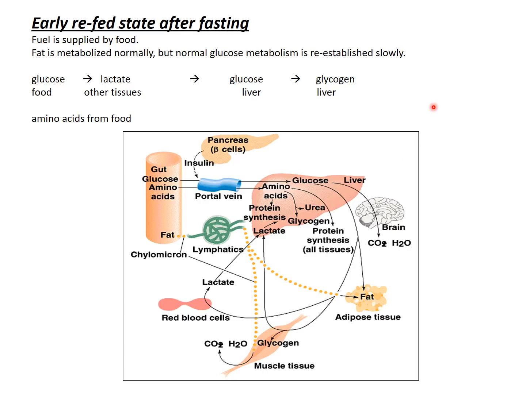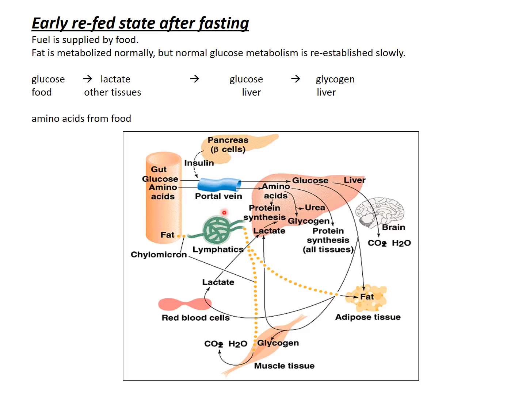Now, we are lucky we start to eat again. So fuel molecules are coming in again through the portal vein to the liver, amino acids and glucose, and fat through the lymphatic in the form of chylomicron is again distributed.